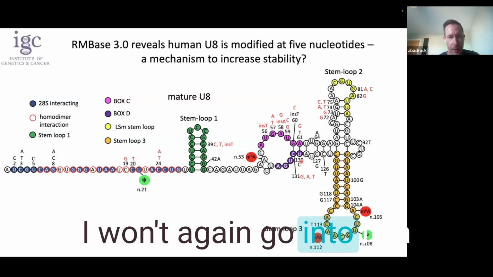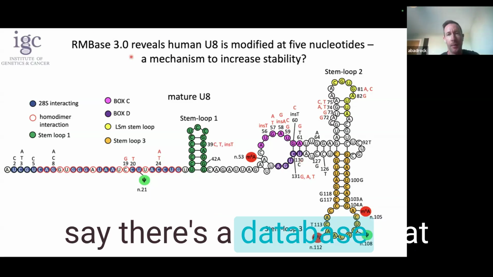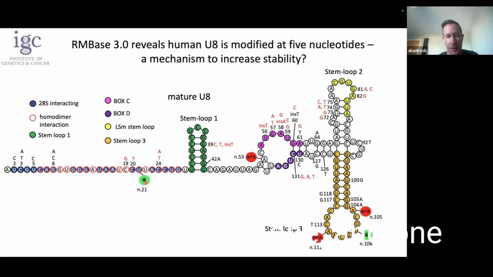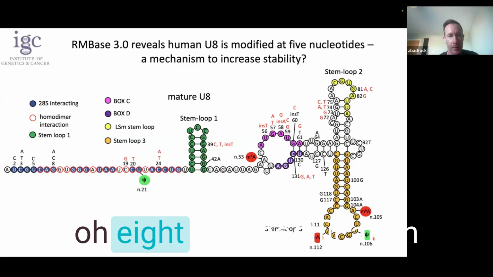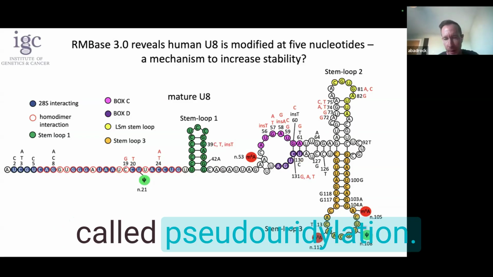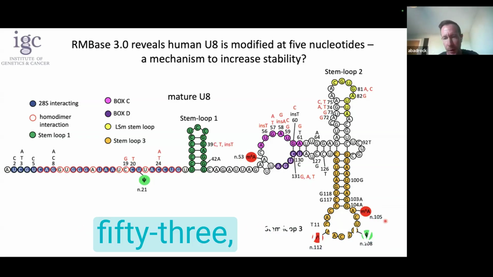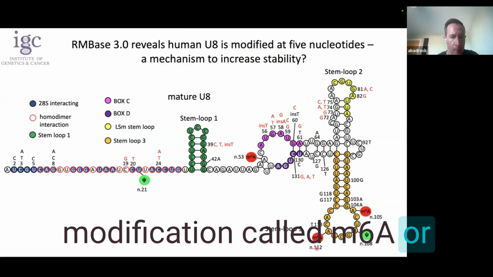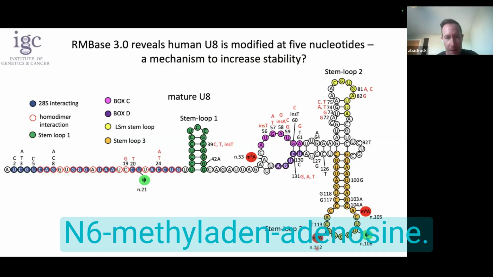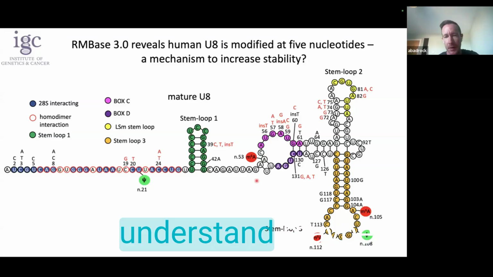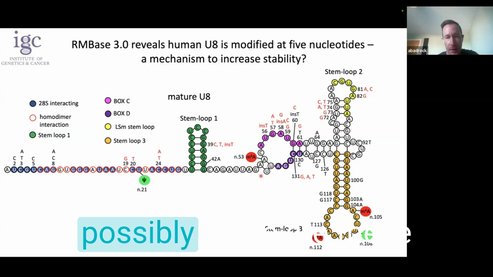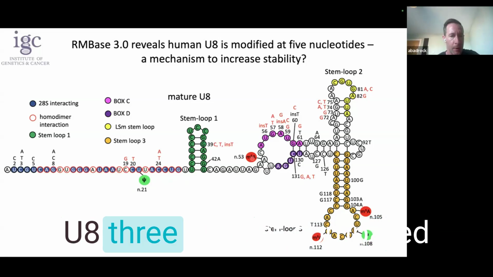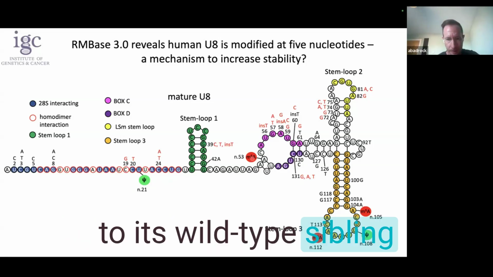I won't, again, go into it in too much detail, just to say there's a database that actually tells us that U8 has 5 modifications: at positions 21 and 108 is a modification called pseudouridylation, and then at positions 53, 105, and 112, there's a modification called m6A, or N6-methyladenosine. So I really want to understand possibly these modifications changing the U8-3 mutant compared to its wild-type sibling.